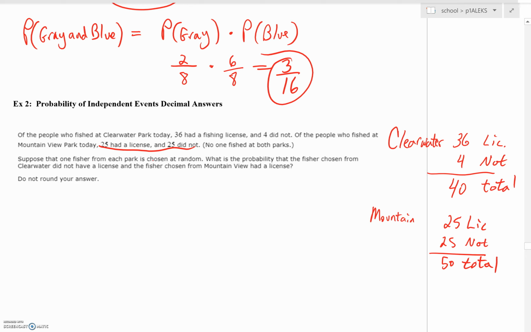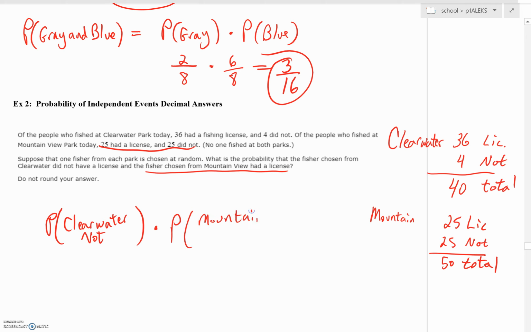What's the probability that the fisher chosen from Clearwater did not have a license, and the fisher chosen from Mountain View did have a license? So we want the Clearwater to not have a license, and we want the probability for the Mountain View that they do.